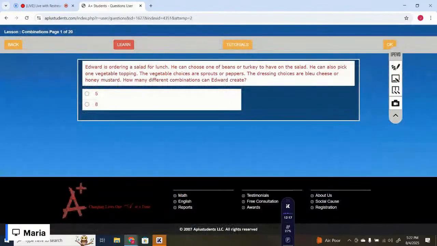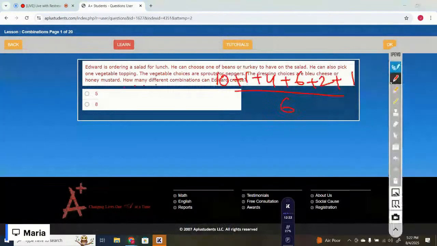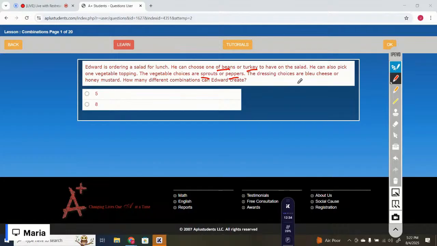Edward is ordering a salad for lunch. He can choose one of the beans or turkey to have on the salad. So, two options for the salad, beans or turkey. He can also pick one vegetable topping. The vegetable choices are sprouts or peppers. The dressings are blue cheese or honey mustard. How many different combinations can Edward create? So, two options for the salad, two options for the vegetables, and two options for the dressing.